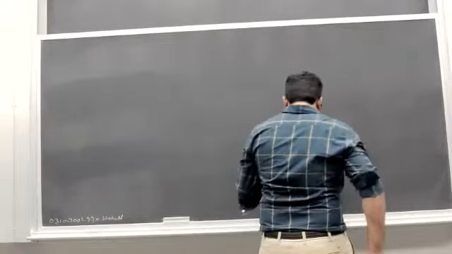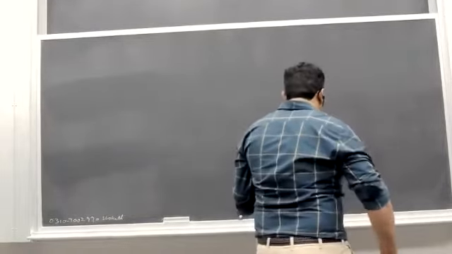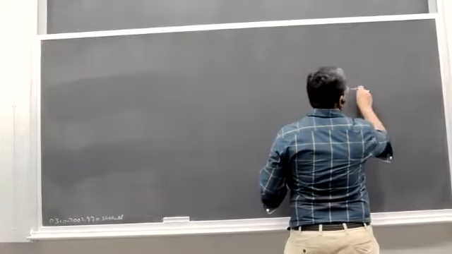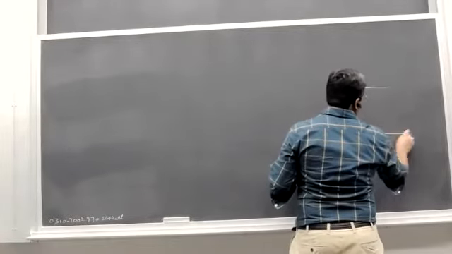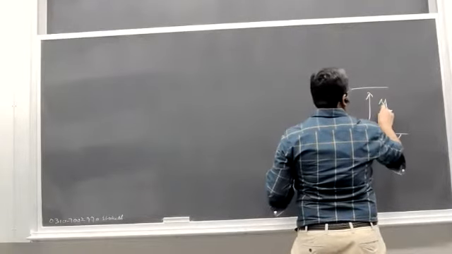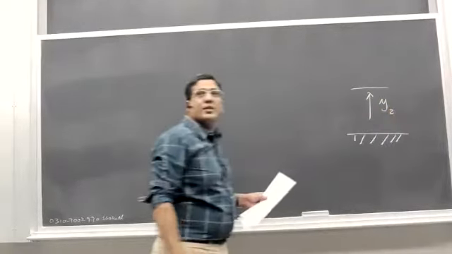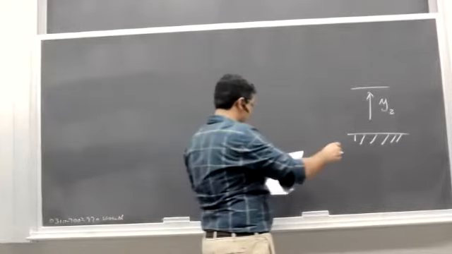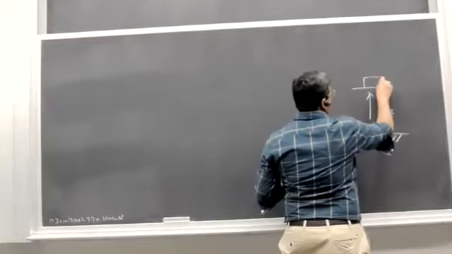Okay, so let's say that you have an object from the surface of Earth at y2 distance. That's the height, and it has a certain mass, of course.